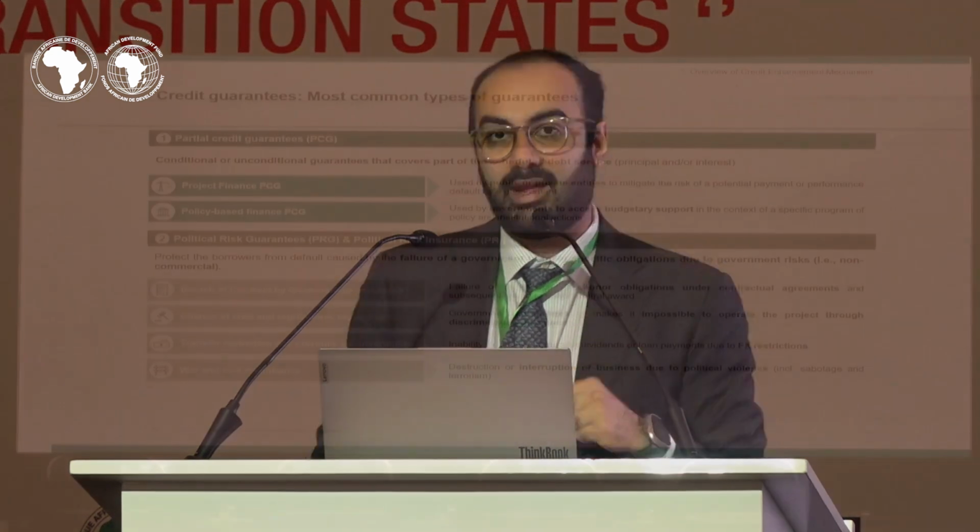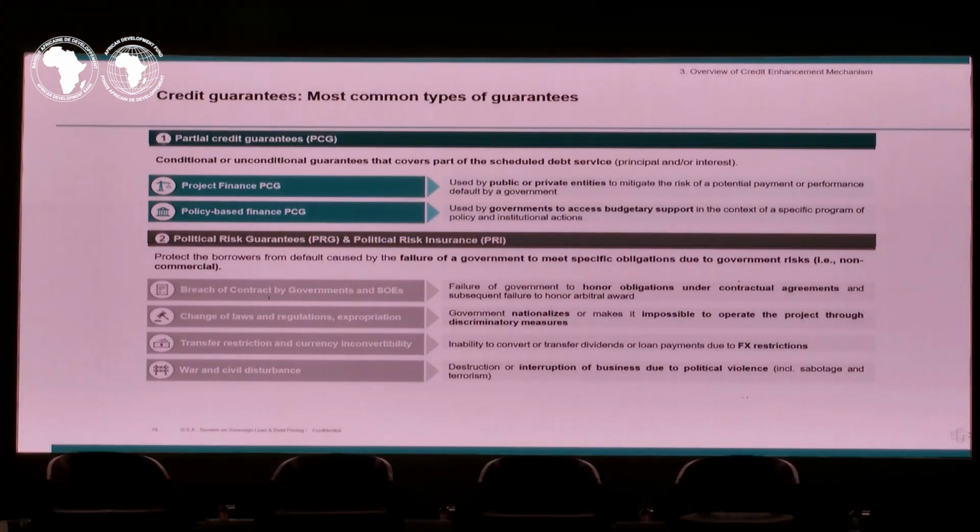Then you will have some guarantees specifically covering specific risks, such as political risk: a breach of contract, a change of law, a transfer restriction, or war or civil disturbances that might affect the government's or the project's ability to service the debt.